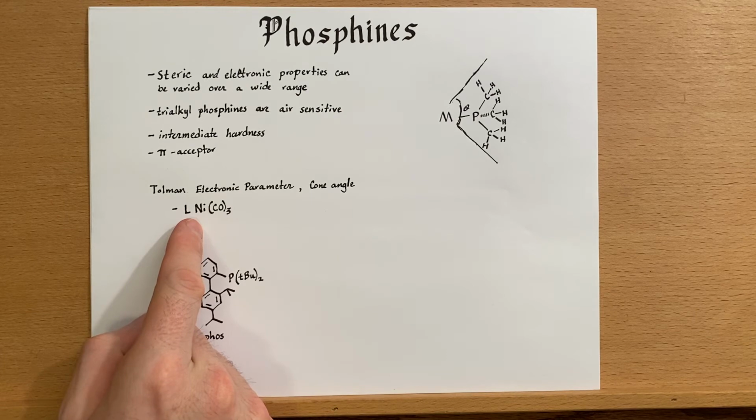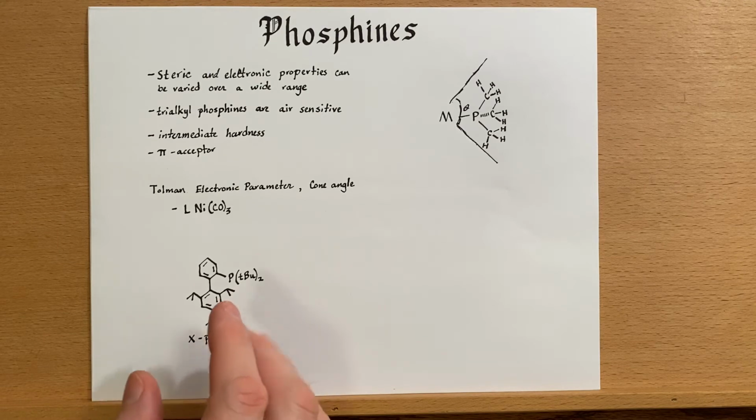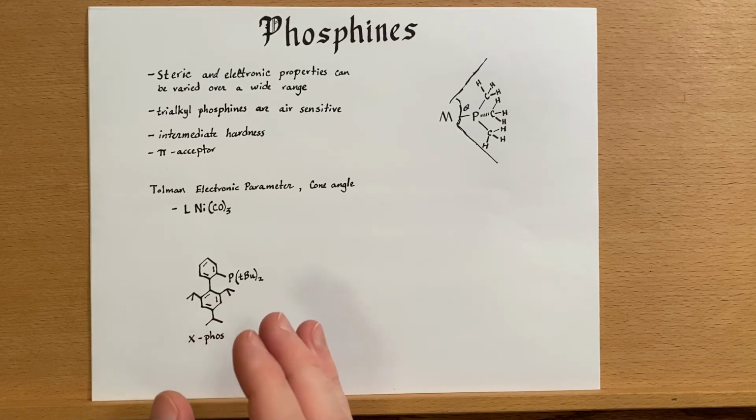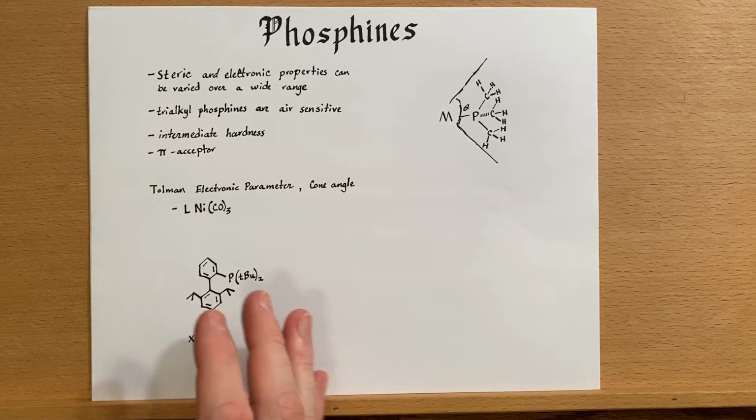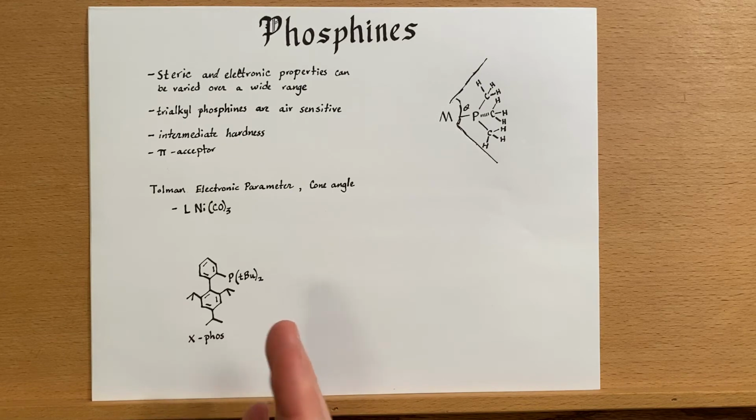So if we want a metal to be coordinatively unsaturated, then we may want a very bulky ligand on there. That will stabilize a lower electron count. And that could be important for our catalyst cycle, because if we have an 18 electron complex, we may not want that.